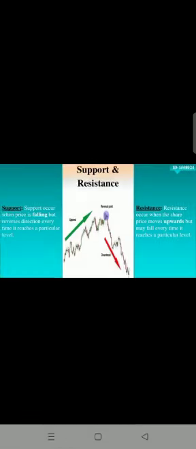When there is a trend reversal, some points will be identified as support and resistance. Support occurs when the price is falling but reverses direction every time it reaches a particular level, which we call support.